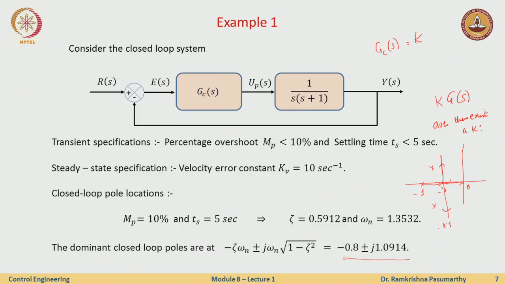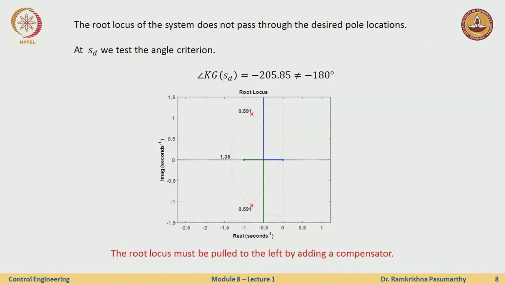So, what I see here is no matter how much I increase or decrease the gain, I will never be able to reach these points. Okay. So, the concept here is that these dominant poles should lie on the root locus of the closed loop system. That is how we will make use of the root locus plot to design controllers. Okay. So, more on this will come shortly.